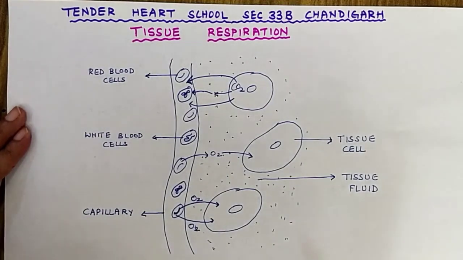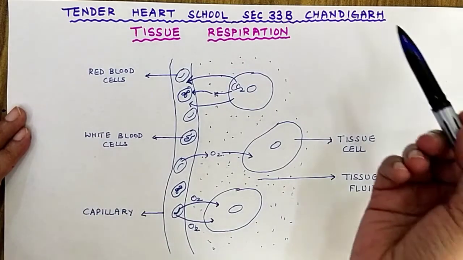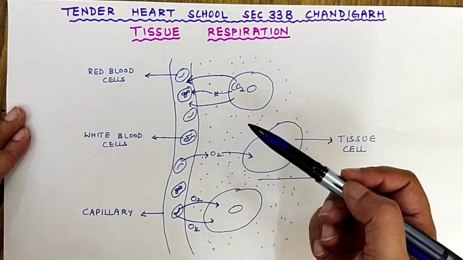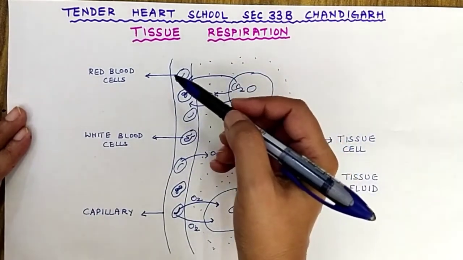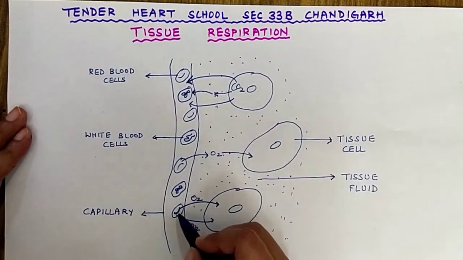So let us just revise the parts of respiration again. First part is breathing. Breathing is the physical process in which we take the oxygen in. When we take the oxygen in, it gets into the capillaries, and inside the capillaries oxygen gets into the red blood cells. Red blood cells pick up the oxygen and form oxyhemoglobin.